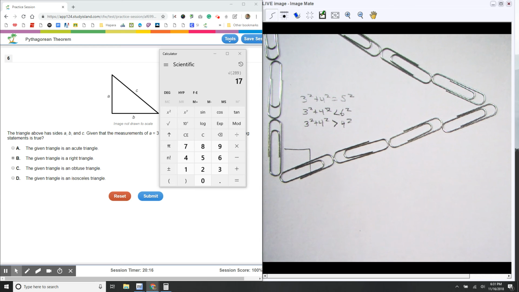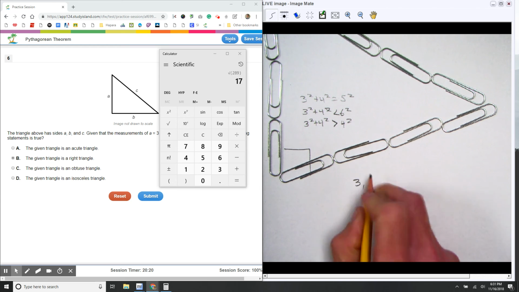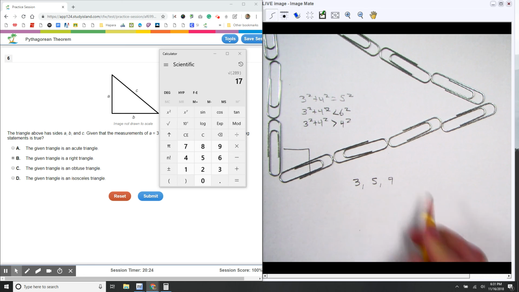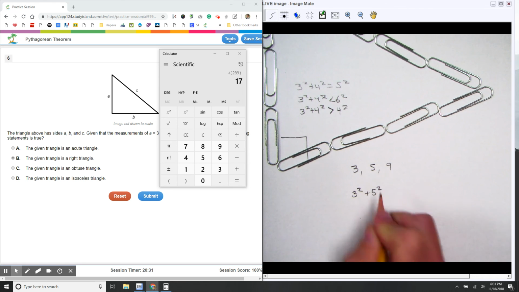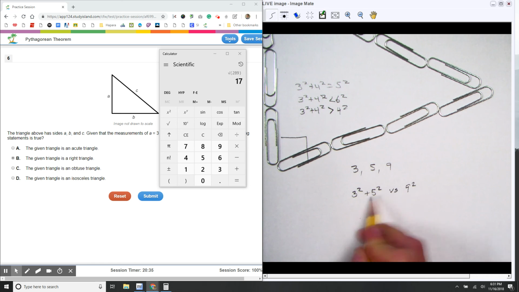So if I give you 3 numbers and I say, do these make an obtuse, an acute, or a right triangle? Let's just say the 3 sides were 3, 5, and 9. Well, the 2 shorter sides are 3 and 5. So 3 squared plus 5 squared versus 9 squared. Is this more, less, or equal?